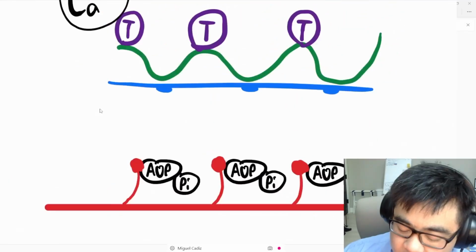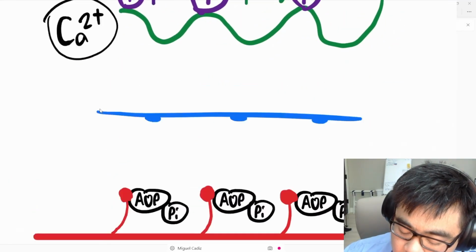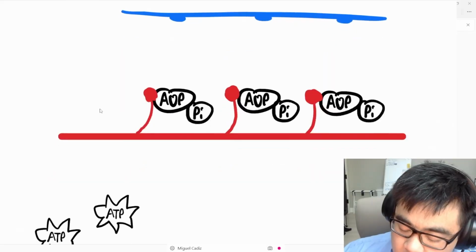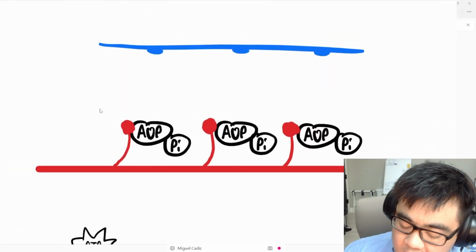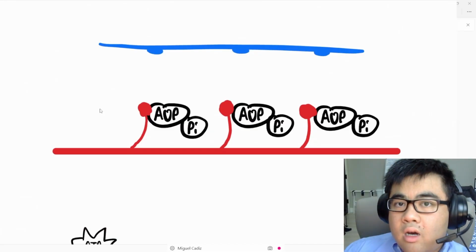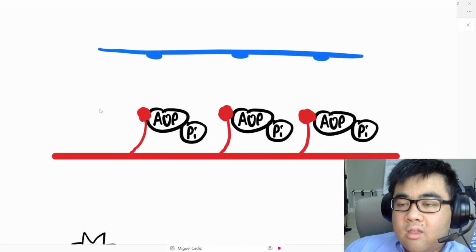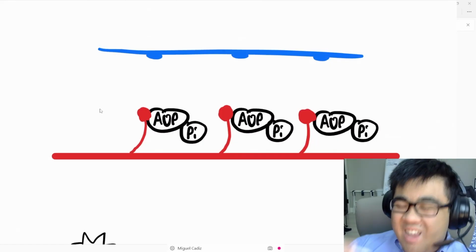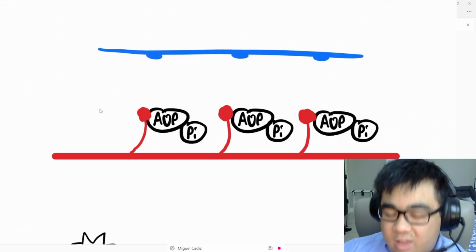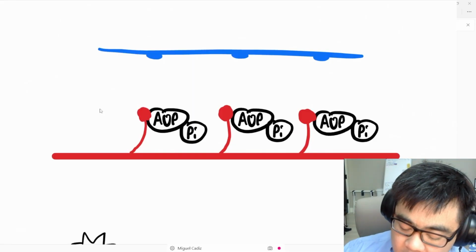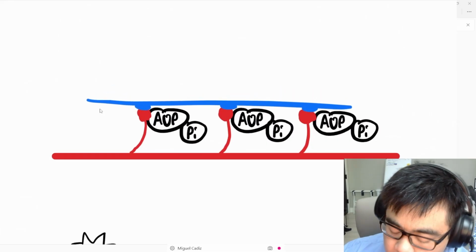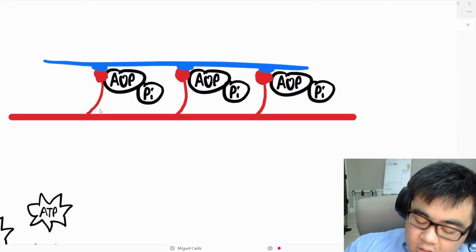So, whenever those binding sites are released, you will have the myosin head in this high energy conformation where it is just dying to bind to these myosin binding sites on the thin filament. So, the myosin head will connect and bind to the actin filaments.